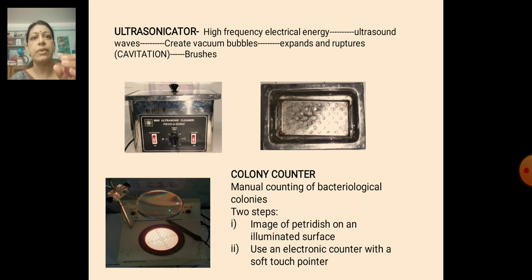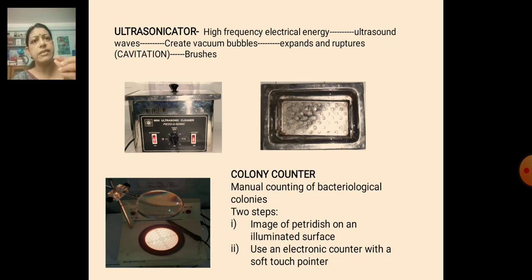So what we do is, here you can see the bath. In this bath, water is added, and to that water all the apparatus are given. Now what happens if you switch it on? The high frequency electrical energy is converted into ultrasound waves. There is an ultrasonic transducer that converts it, and there is formation of vacuum bubbles.